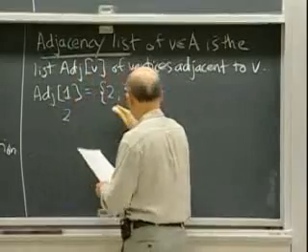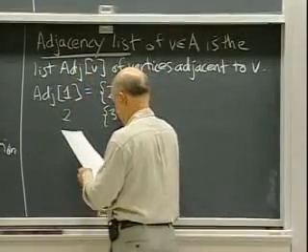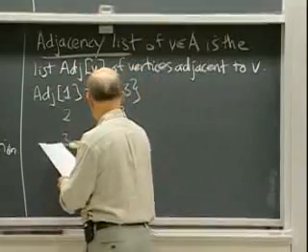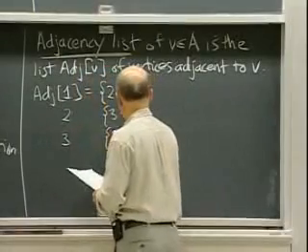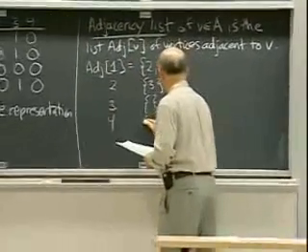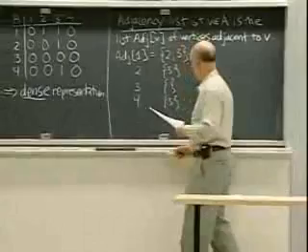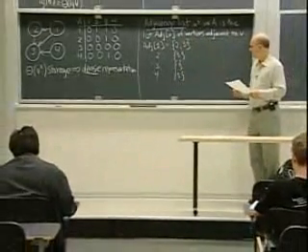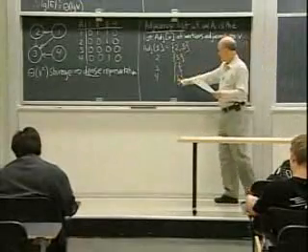The adjacency list for 2 is just 3. For 3, it's the empty set. And for 4, it is 3.